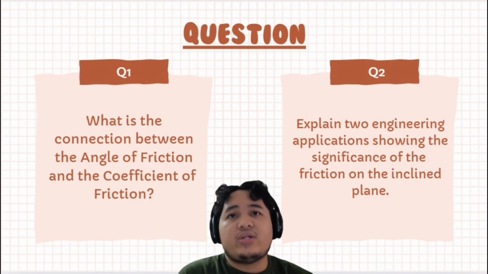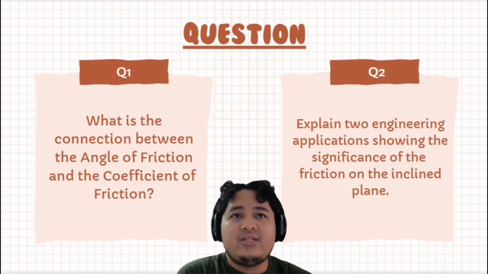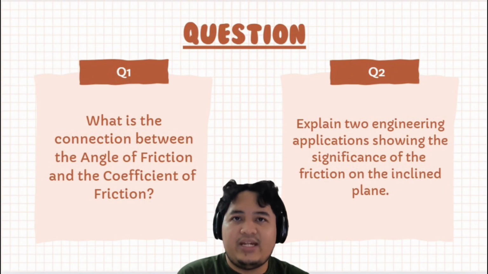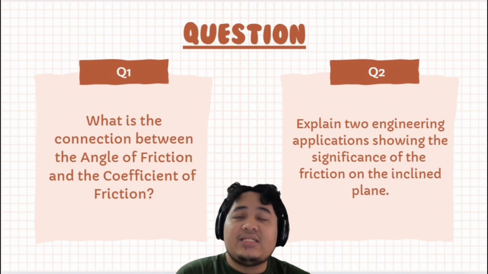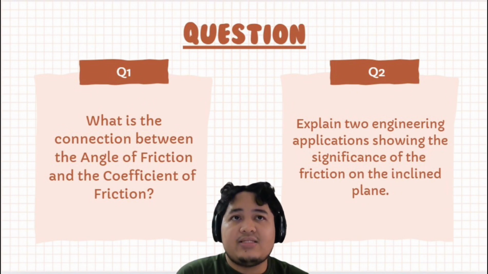So for the next question, explain two engineering applications showing the significance of the friction on the inclined plane. The first application is inclined conveyor belts, which are used in industries to transport materials such as coal, minerals, or goods between different heights.